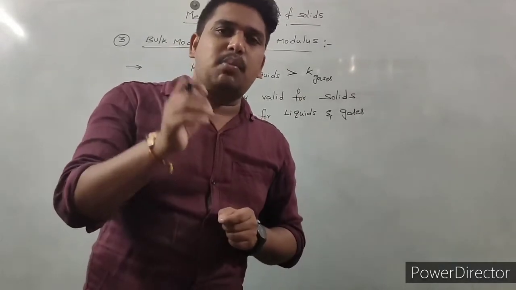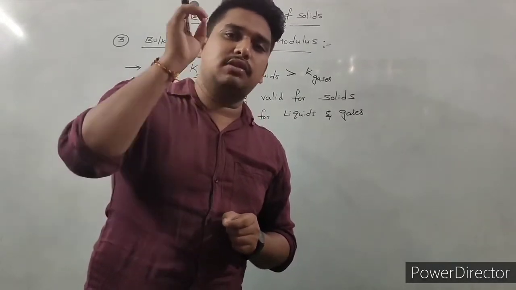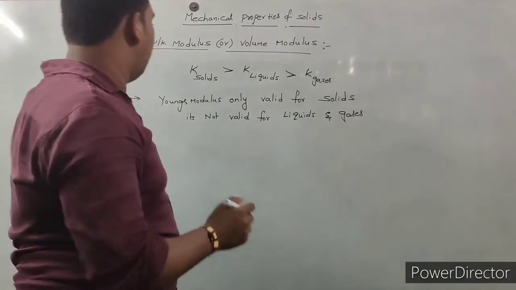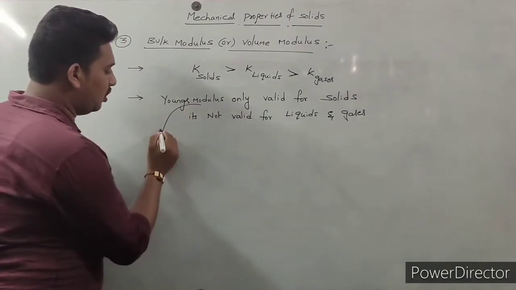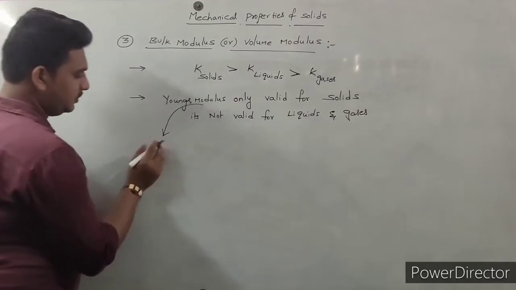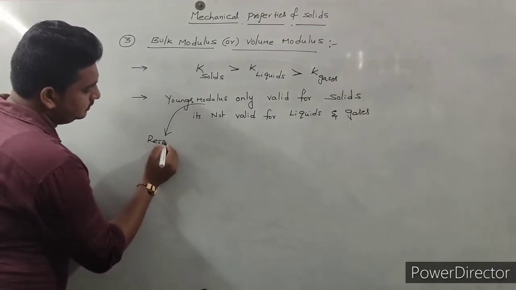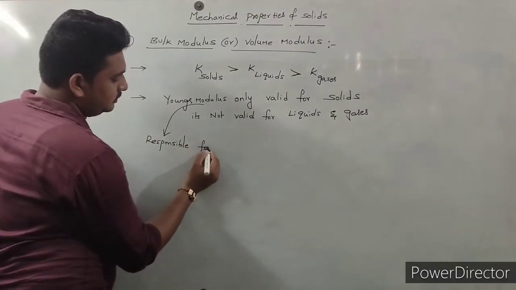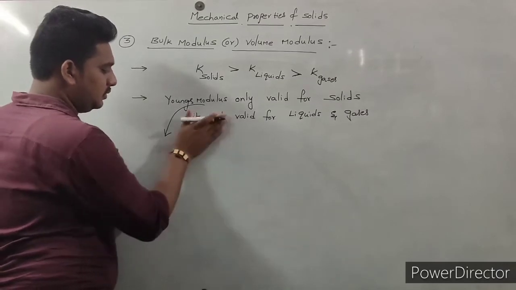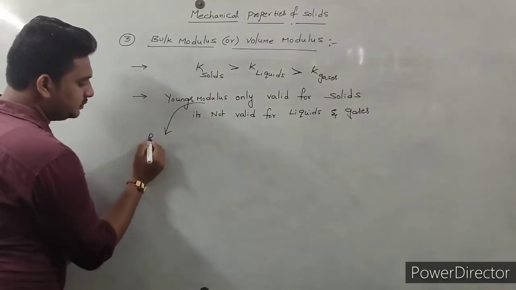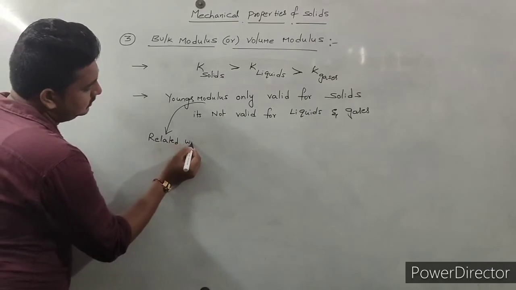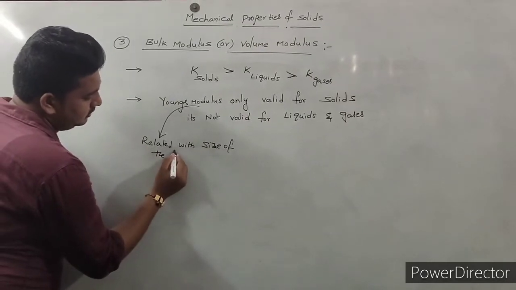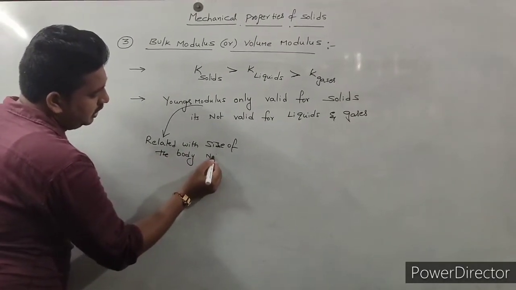That's why Young's modulus is only valid for solids, and not for liquids and gases, because Young's modulus is related with the size of the body, not the shape of the body.